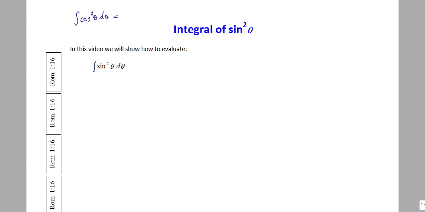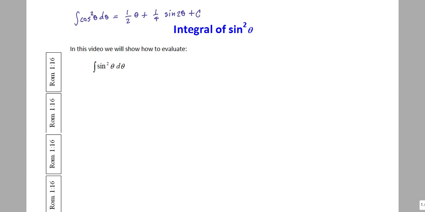But we have already done in the last video that the integral of cos squared theta d theta is a half of theta plus a quarter of sine of the double angle 2 theta plus some constant of integration. You may say, well, why does that help us?